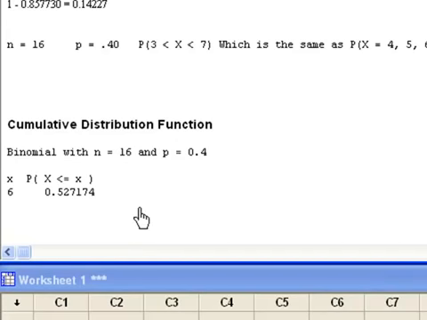Except I don't want to go all the way down to 0. Remember, Minitab gives me that this 0.527 and change is the probability from 6 all the way down to 0. I don't want 3, 2, 1, or 0. So how do I eliminate that?